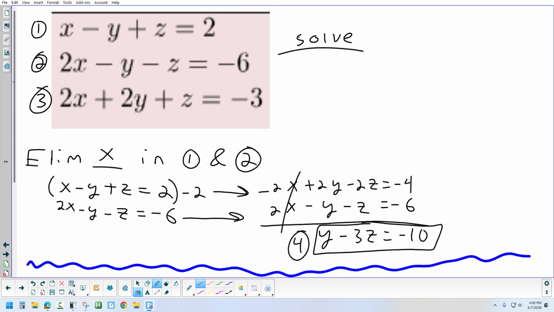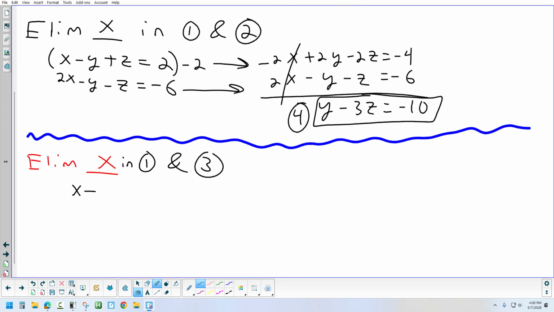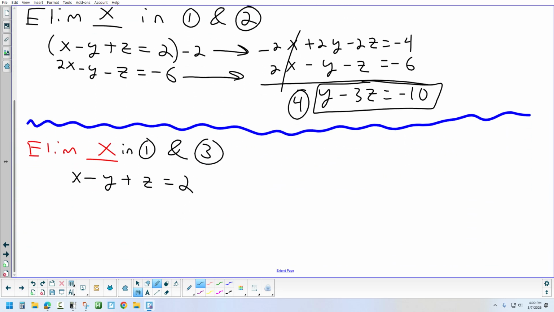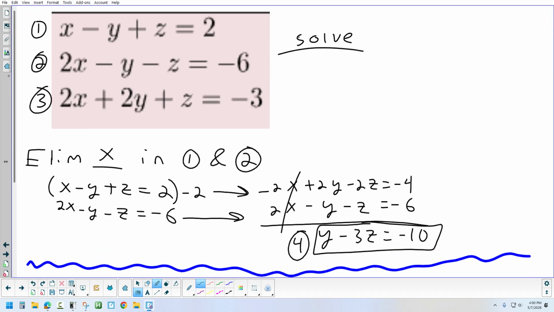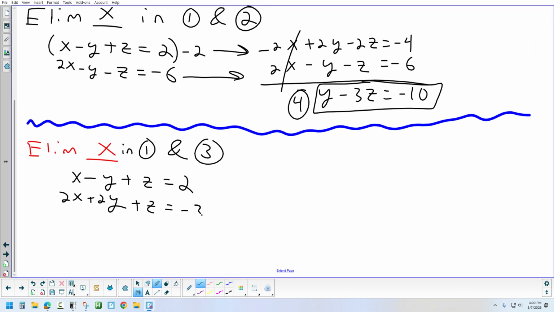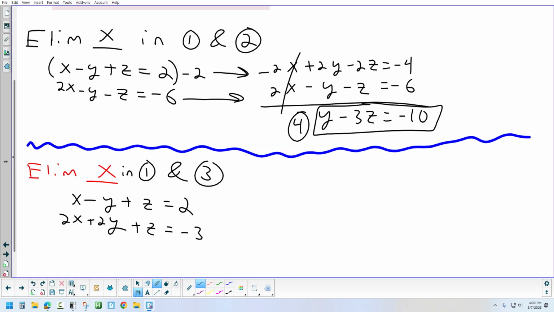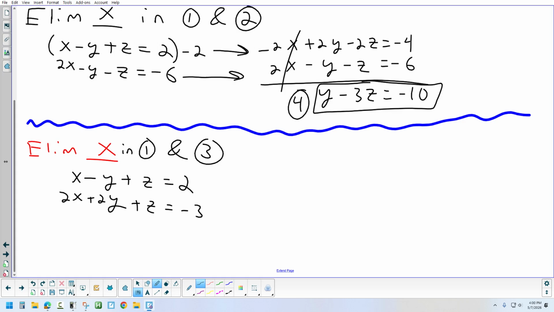Okay, so equation 1 is x minus y plus z equals 2. Equation 3, 2x plus 2y plus z equals negative 3. And how would you eliminate x in this one? You multiply the top by negative 2. Yep, so we're going to multiply by negative 2 again. So that's going to give us the same thing in the top.